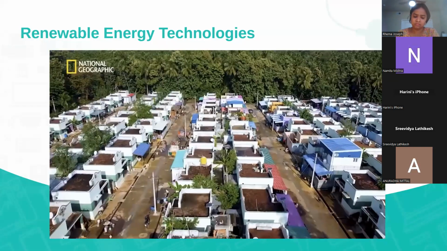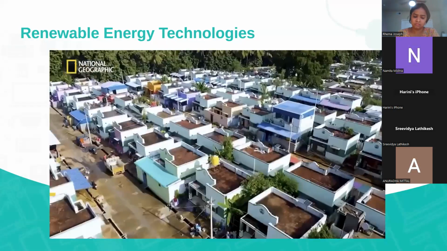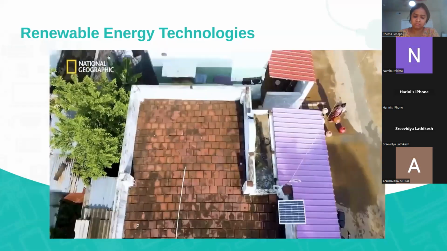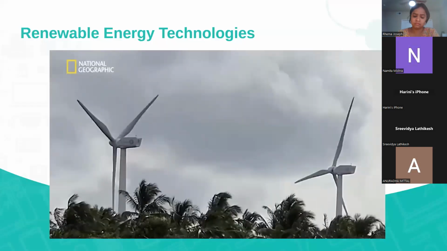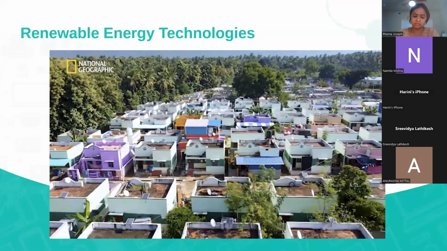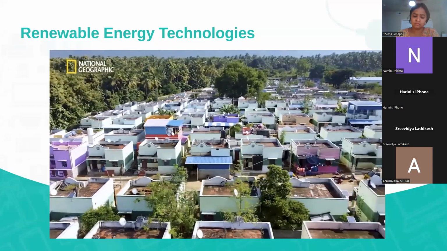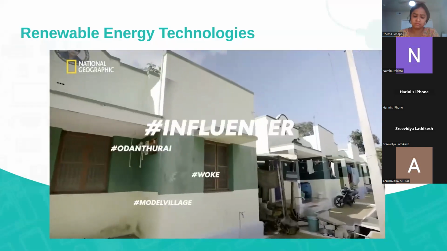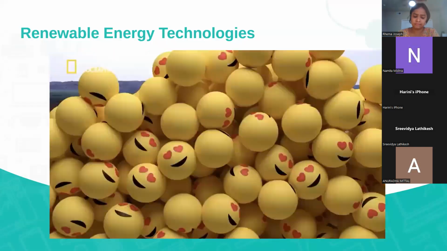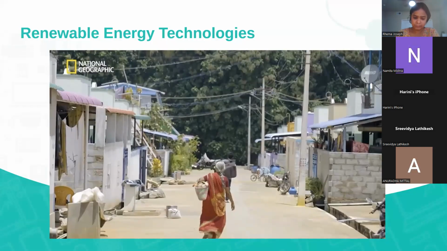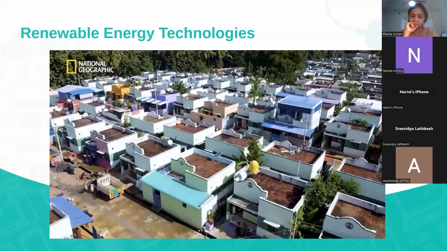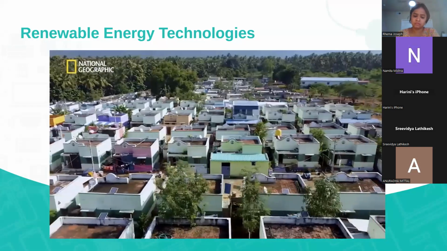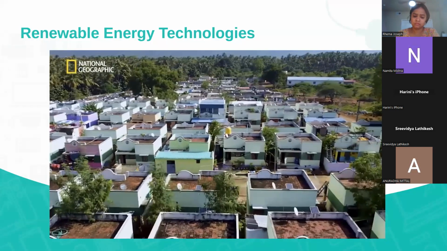In 2006, Odantharai Village Panchayat became the first local body in the country to build its own 350 kilowatt windmill. Odantharai is a total influencer. And the windmill isn't the only reason we use the word Super Panchayat. You know, all these houses that look identical, they are actually greenhouses.